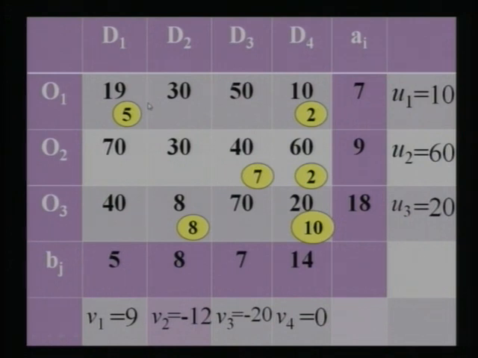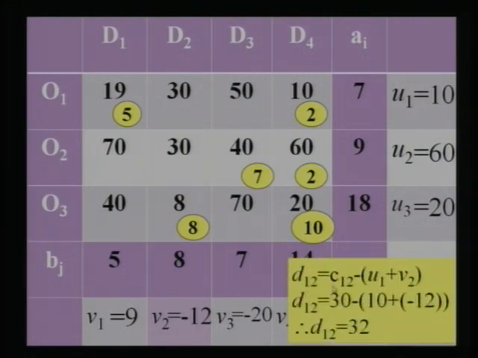Okay, cell 1, 2, the formula for cell 1, 2 will be this: D12 is equal to C12 minus into bracket U1 plus V2. Now what is C12? 30. So it is 30 here. Then what is U1? We have calculated 10, and V2 minus 12. So 10 plus minus 12 first we have to obtain, that is minus 2, and this minus sign is also there.